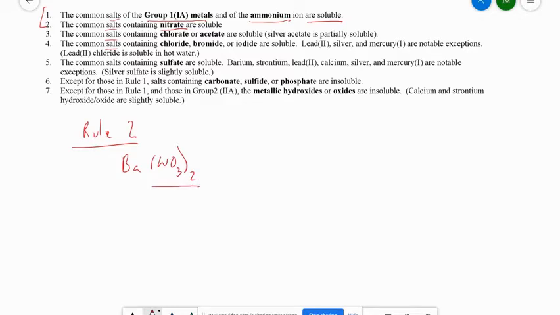Nitrate, soluble. Silver nitrate, the one that was in the aluminum foil dropper bottle last week. Nitrate, soluble. So these are soluble. These will dissolve in water.